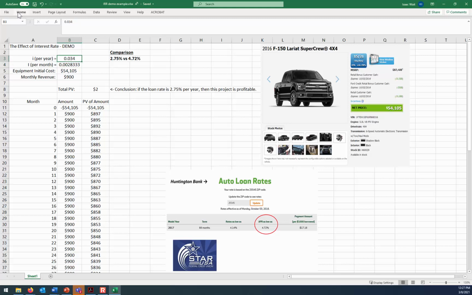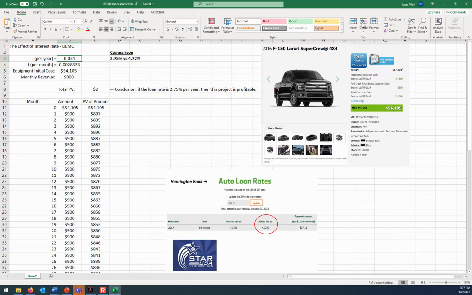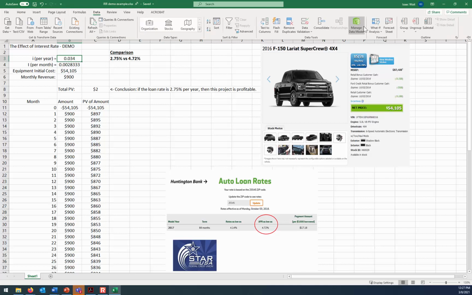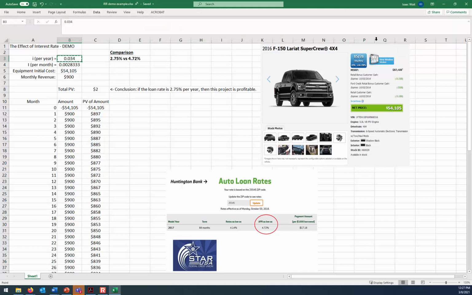But there's a way to do it: Data, What-If Analysis, Goal Seek, where our goal is we want this total to be 0 by changing this rate. And so then Excel is going to keep changing the rate until this value is 0. And so this is the internal rate of return.